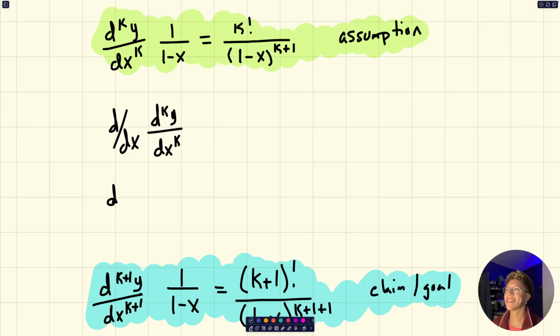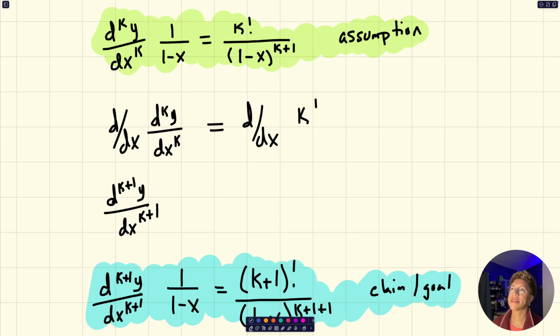That's so hard to say. So d^(k+1) y over dx^(k+1), like that. And this is taking the derivative, of course, of k factorial over 1 minus x to the k plus 1. So we're taking the derivative of the right-hand side and the left-hand side.